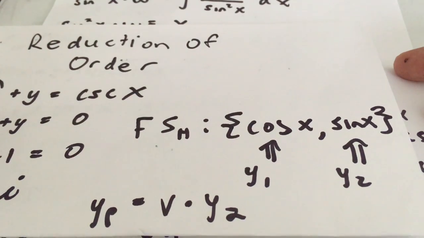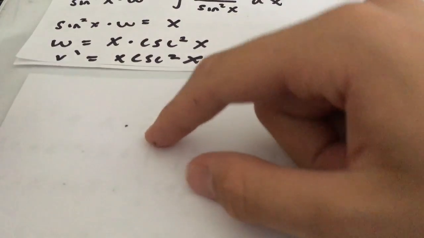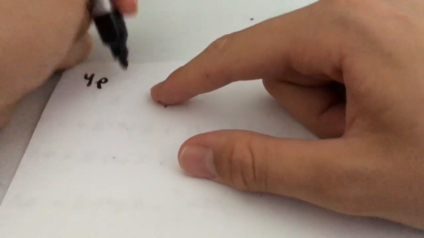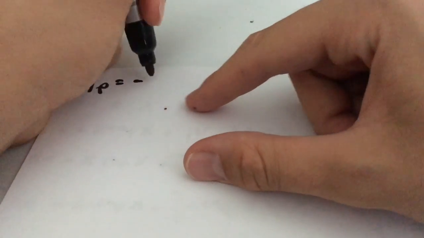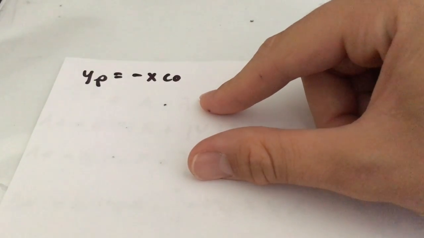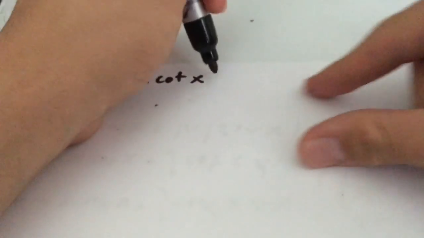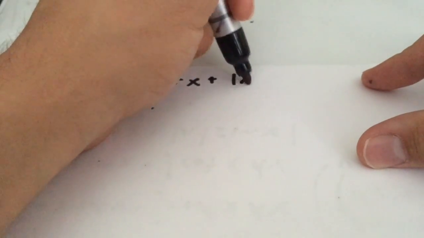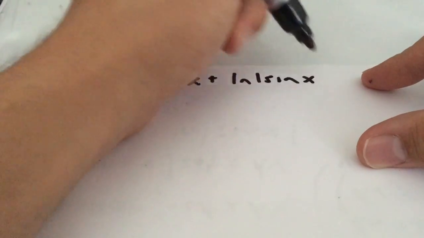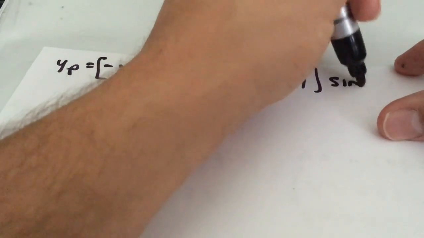So what we are going to do is we are going to say yp equals negative x cotangent x plus the natural log of sine of x times sine of x.